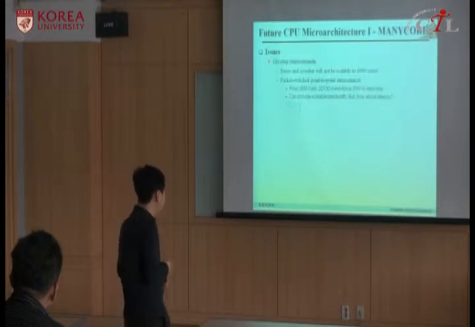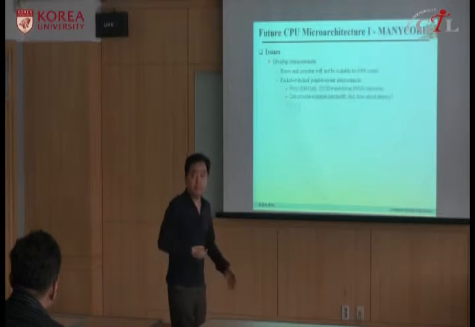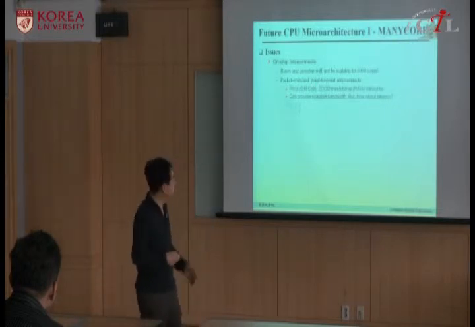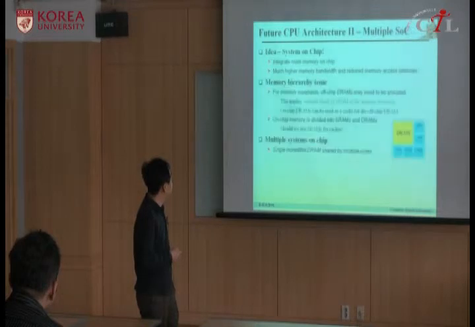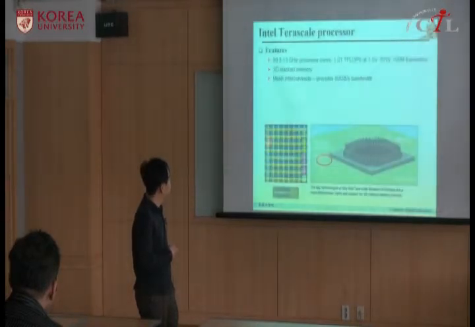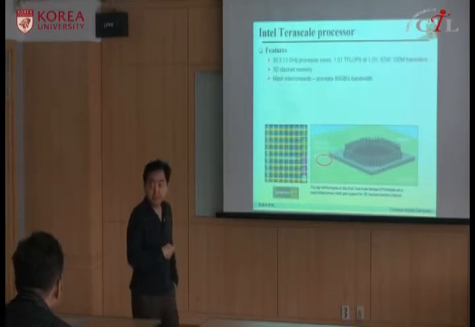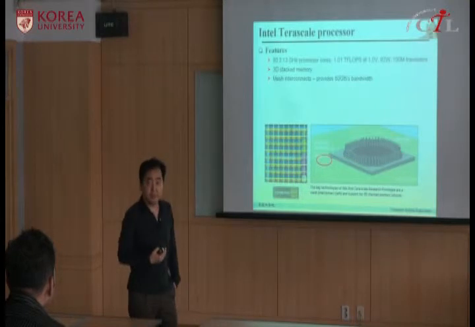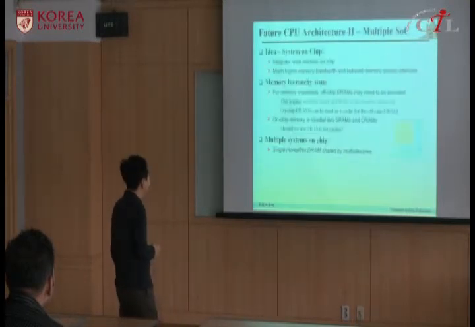And maybe for many cores you need 2D, 3D mesh or torus architecture, which was employed in this Teraflops machine. This is a two-dimensional mesh interconnect. Okay, so maybe more than that you need three-dimensional or two-dimensional mesh or torus.